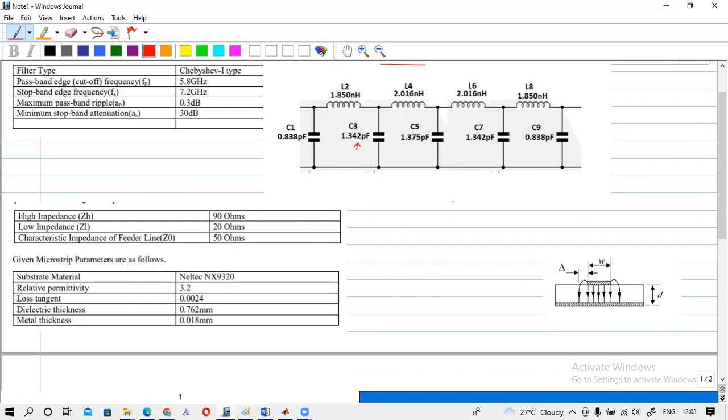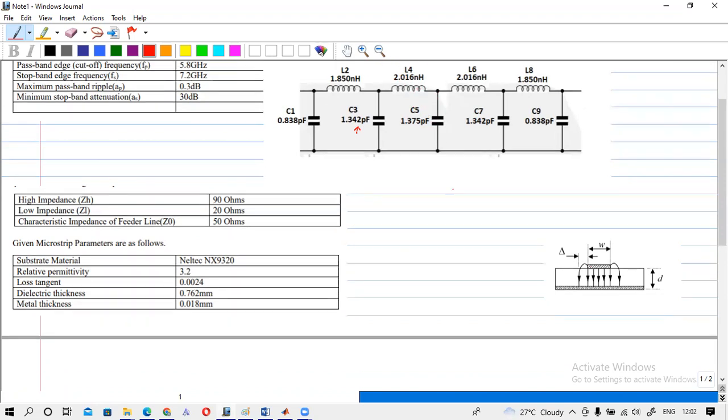So we are using another method, that is called the step impedance method, or sometimes it is called the distributed elements technique.